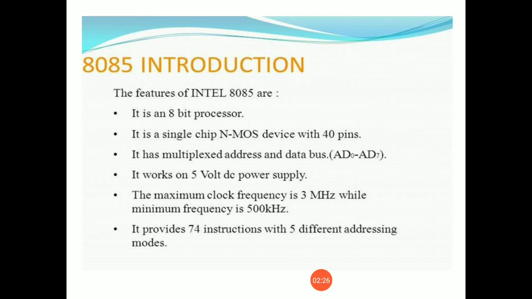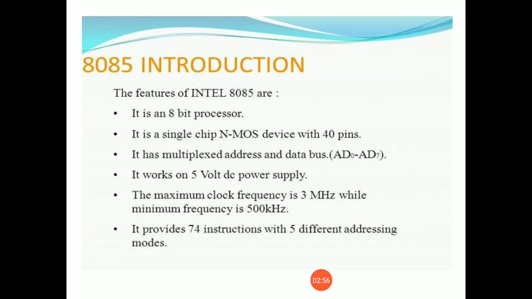In 8085, the lower 8-bit address, that is A0 to A7, and data bus D0 to D7 are multiplexed to reduce the number of external pins, but due to this, external hardware, that is a latch, is required to separate address lines and data lines.